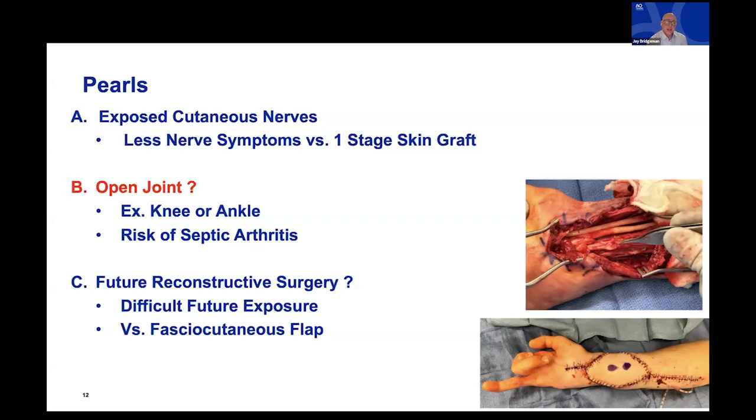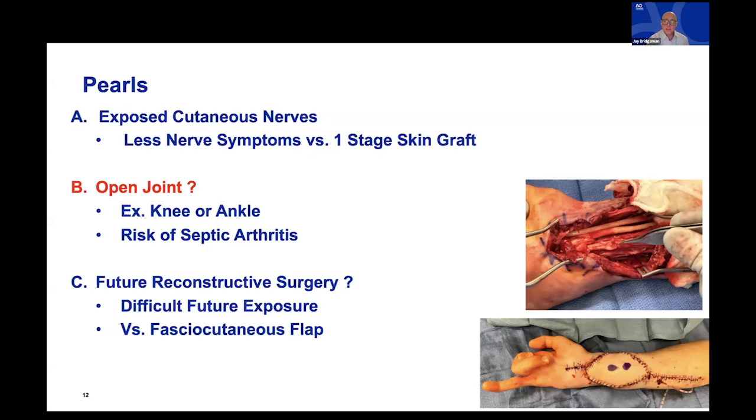And then lastly, consider that a patient may need future reconstructive surgery. These pictures show a local recent case that I took care of. Going back through a wound where the dermal regenerative template has been used, there's really no layers. It's essentially healed neodermis and scar tissue around, for example, the median nerve at the wrist or the tendons at the wrist.